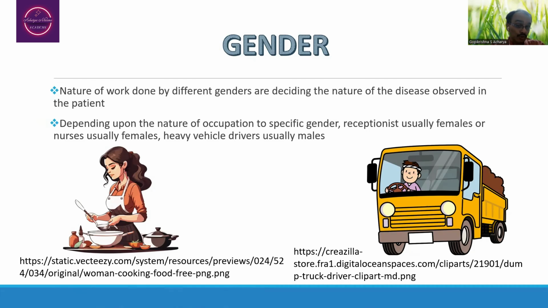For example, if a lady presents with sneezing, as in this particular image, that may be attributable to some kind of allergy related to some food items. Whereas in another image, the person is suffering from constipation.